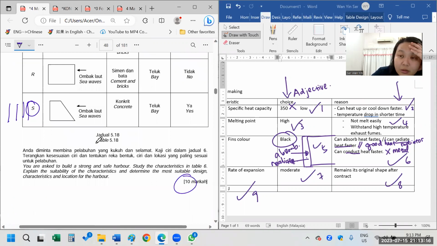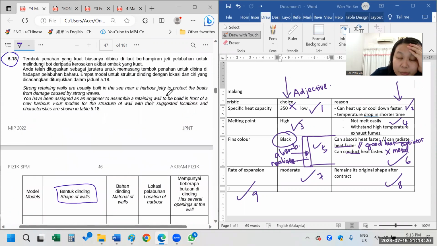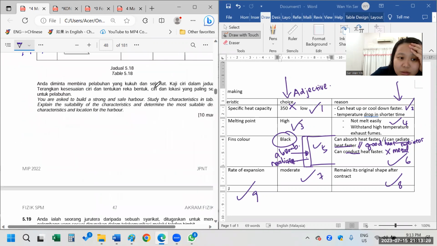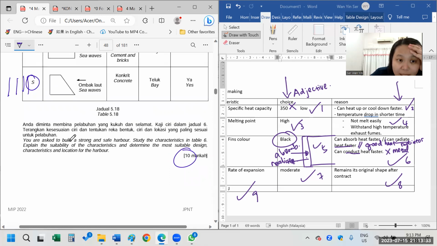So please read here. Always read back the question. Highlight the criteria they already mentioned. Suggested location. See here, got any reason you can repeat? They are asked to build a strong and safe harbor.